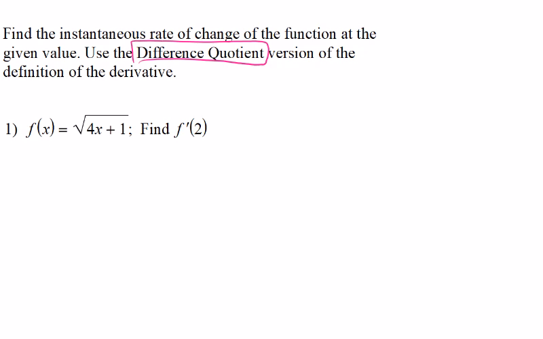So in this case, the difference quotient formula, remember that is f prime of a equals the limit as x approaches a of f of x minus f of a all over x minus a. Okay, so that's what it looks like.